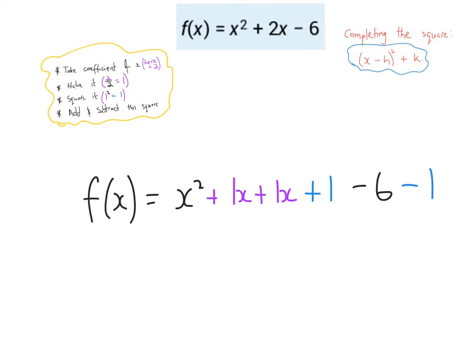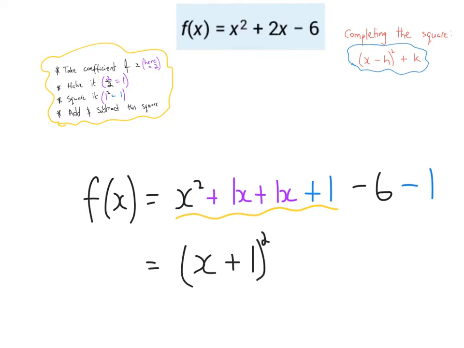So if we add all of this together, or if we tidy it up, again, we haven't changed any value of the original function. This would still be x squared plus 2x plus 1 minus 1, they cancel, and minus 6, so it's still the exact same. But tidying up, we can say that this bit here is equal to (x plus 1) all squared.